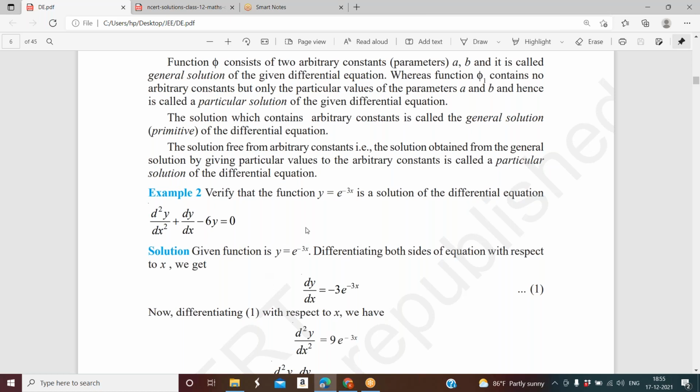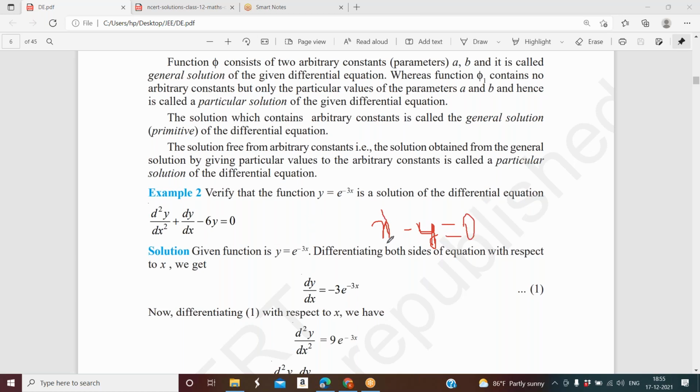The given function is y equal to e power minus 3x. You are asked to verify that this y will satisfy this equation. Suppose I say that x minus 4 equal to 0 is the equation.